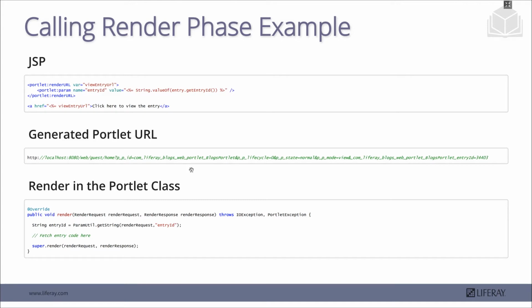It's the blogs web, or the blogs portlet. You'll see the lifecycle that's being invoked. You'll also see a number of other attributes here. The portlet URL quite literally generates a URL that has the parameters of the render phase within it.